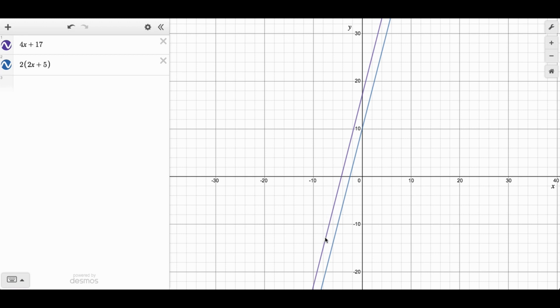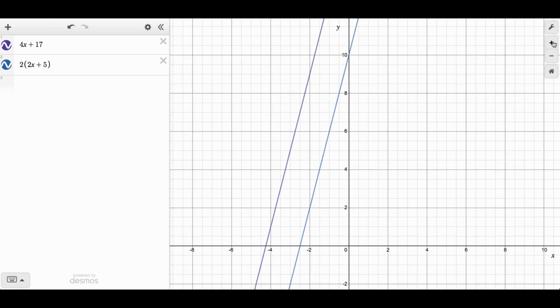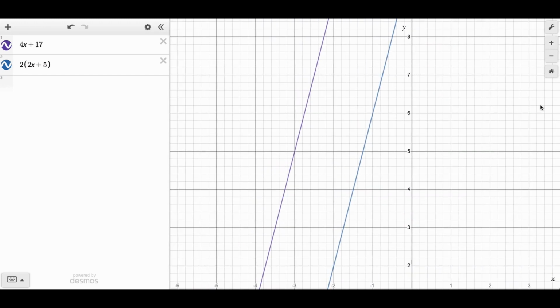And if you'll notice, this is the same as 4x plus 10. You can see that it's the same line. I'm just going to delete that. And if we go closer, you may be thinking that these look like parallel lines. And yes, they are parallel lines.